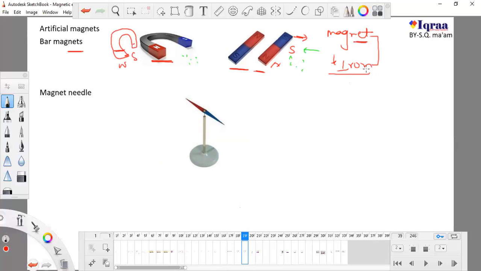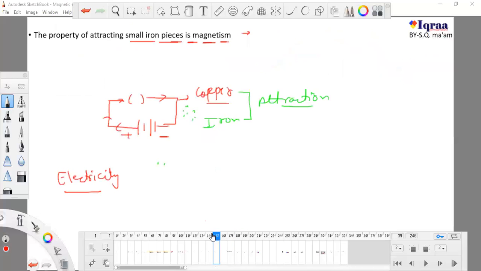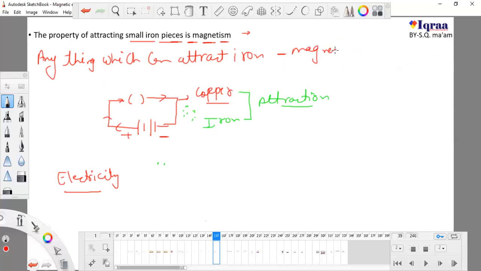So we can conclude that anything which can attract iron, this property is known as magnetism.